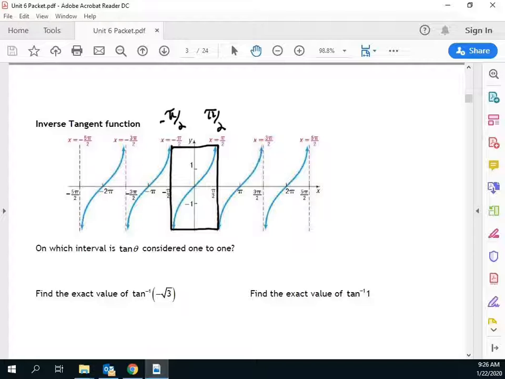Which interval is tangent theta considered to be 1 to 1? Which tells you all the inverse tangent functions will be in the first and fourth quadrant.